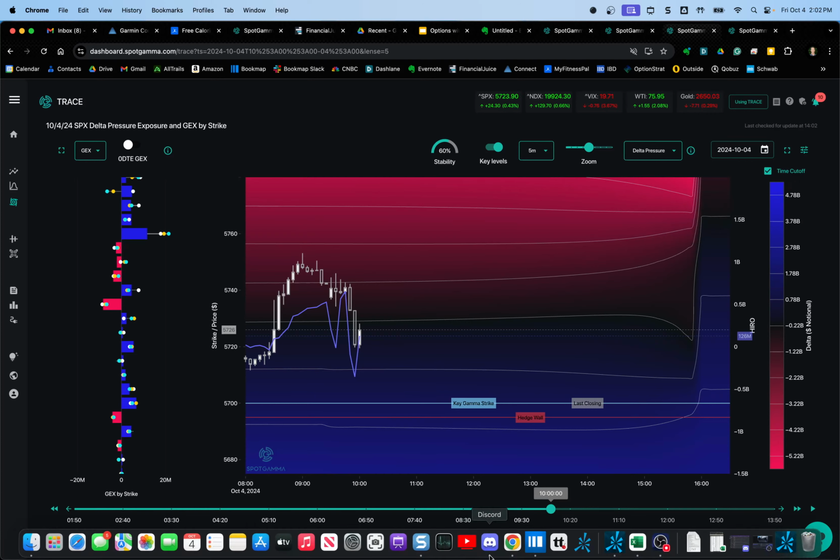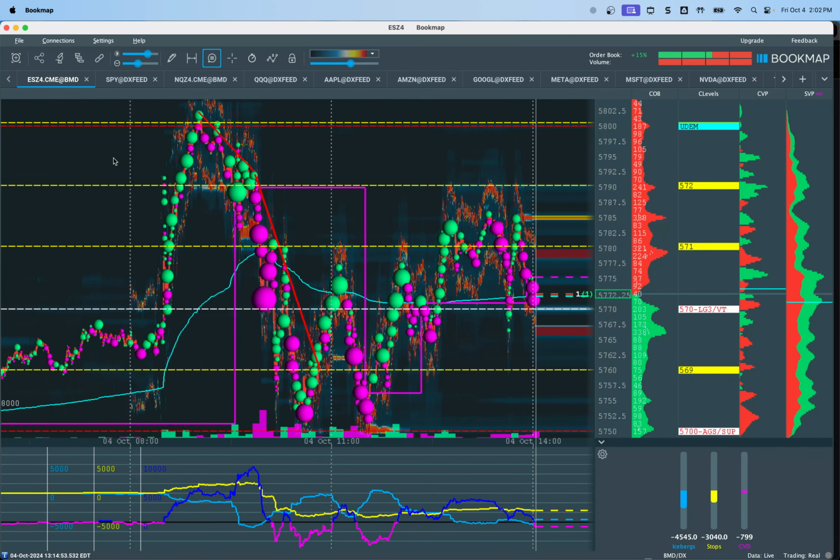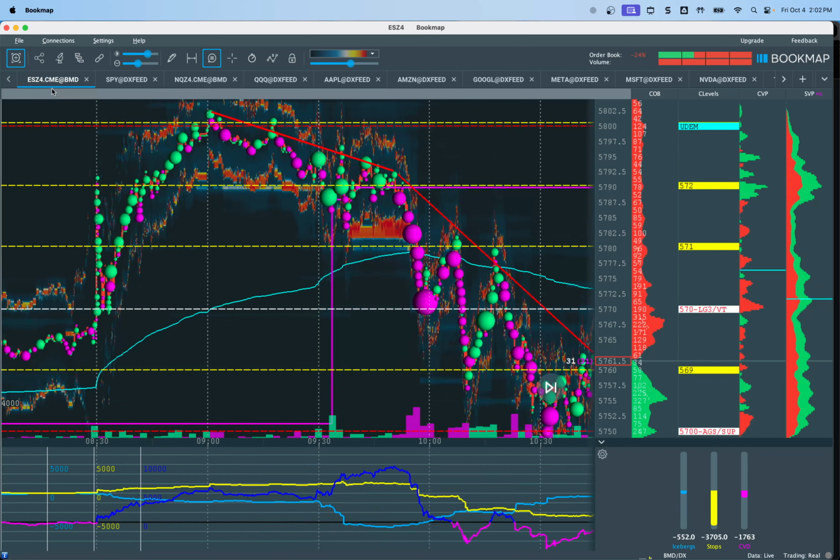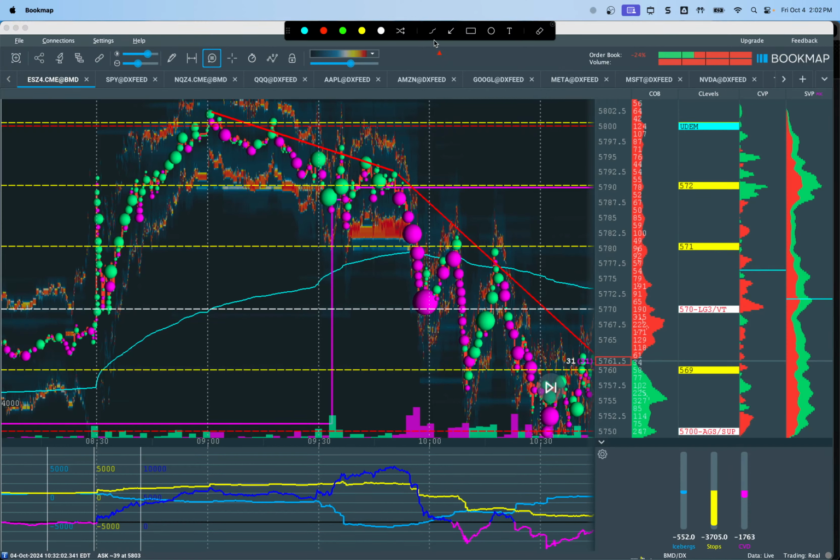Now let's go to Bookmap. I'm going to zoom in. So this reversal starts to happen right around 9 a.m. ES starts to make a series of lower highs after S&P 500 moved up into that negative delta pressure zone.